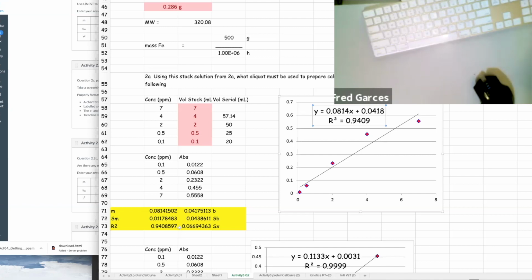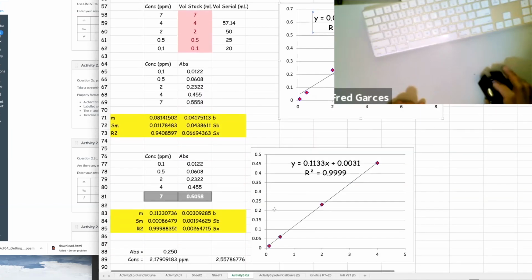I'm going to have to do some research and see why Microsoft 360 does not allow you to do Linest. I apologize for that. I should have remembered from previous meetings that you guys don't have the Linest function in Microsoft 360. Yeah, I feel bad.